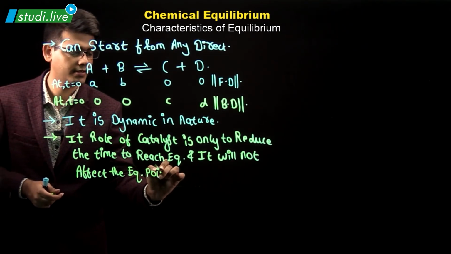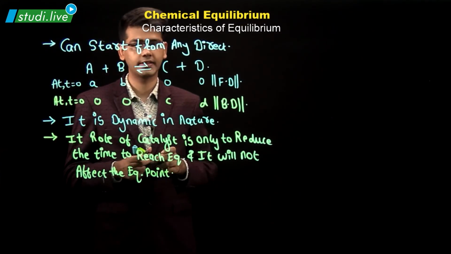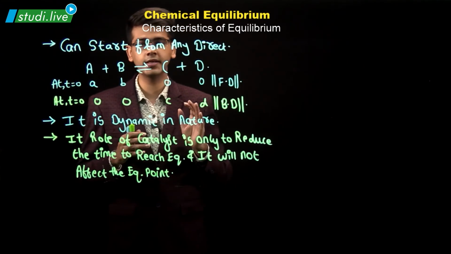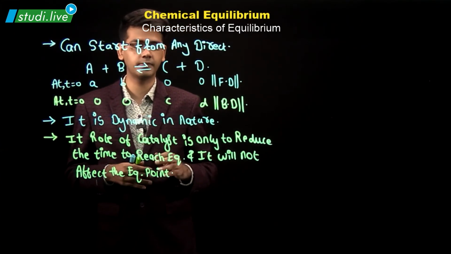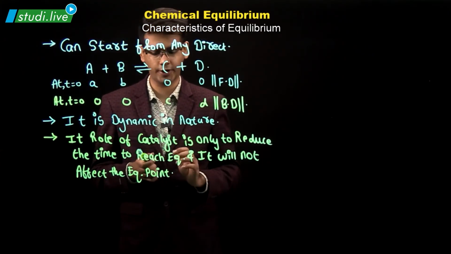It simply means that if we add a catalyst at equilibrium point, that equilibrium point will not change for a particular reaction, that point will remain the same only, but definitely the addition of catalyst is going to help by reducing the time required to reach that particular equilibrium point.